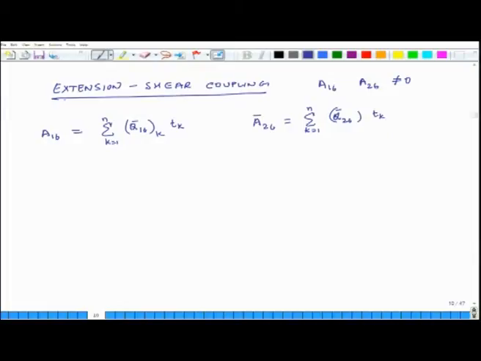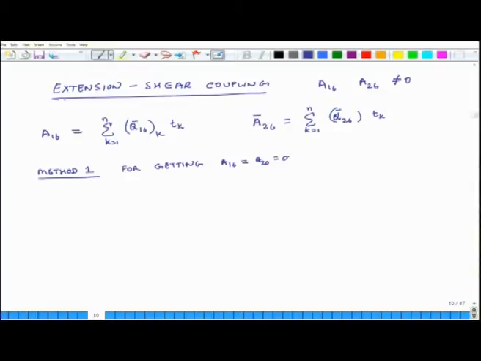So, there are 2 or 3 approaches. Method 1, for getting A16 equal to A26 equal to 0.